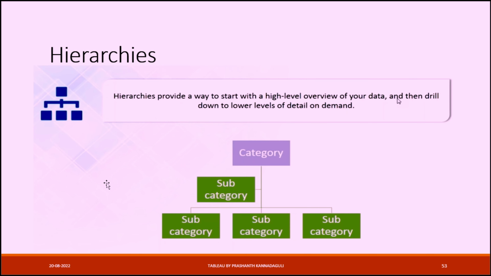Same thing is applicable whenever you use hierarchy. You can start with a high level overview of your data, like I look from the top. Assume that I have data points here. I look from the top and identify that there are some categories. That's why category is written over here. That's what I visualize from the top. Maybe take an Amazon data set.